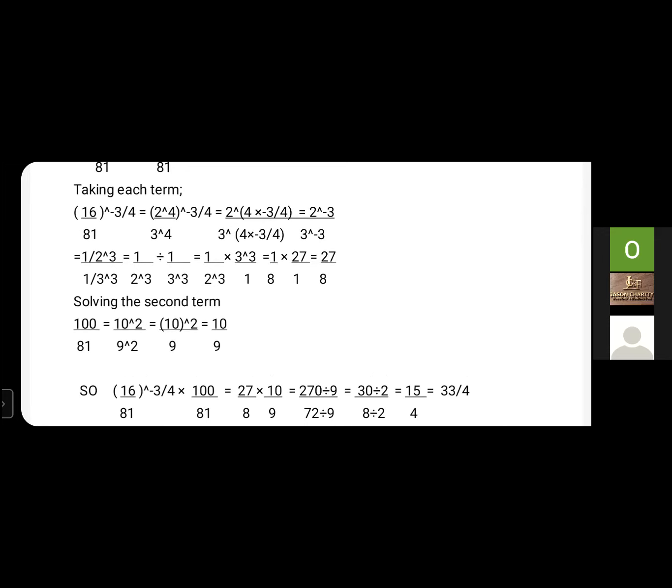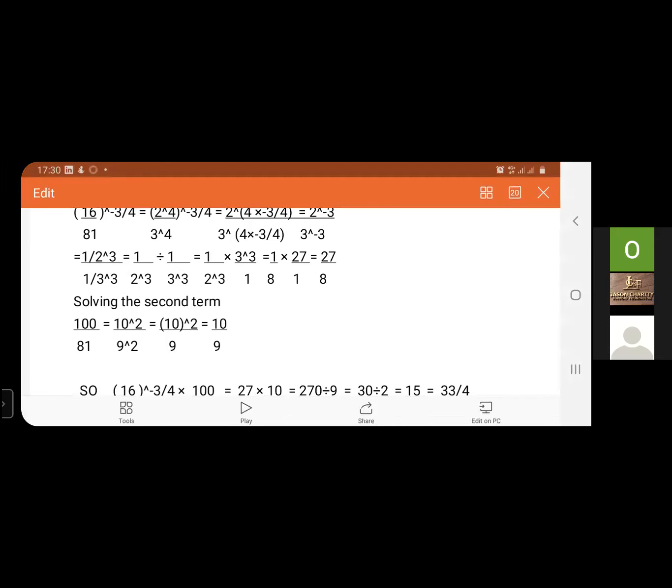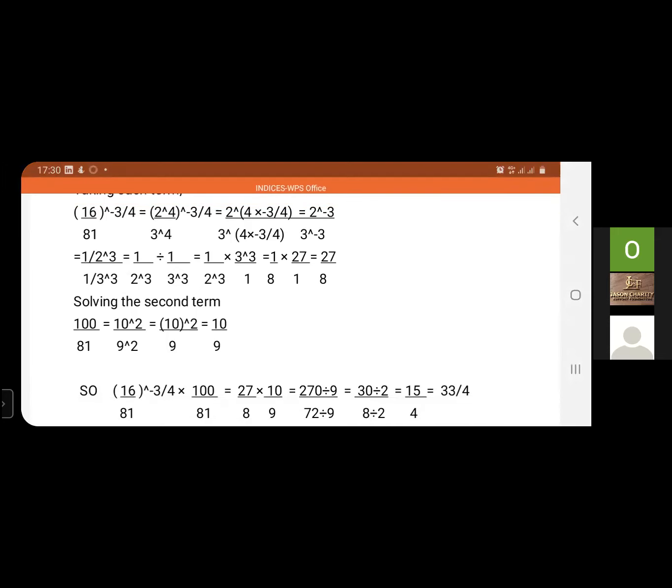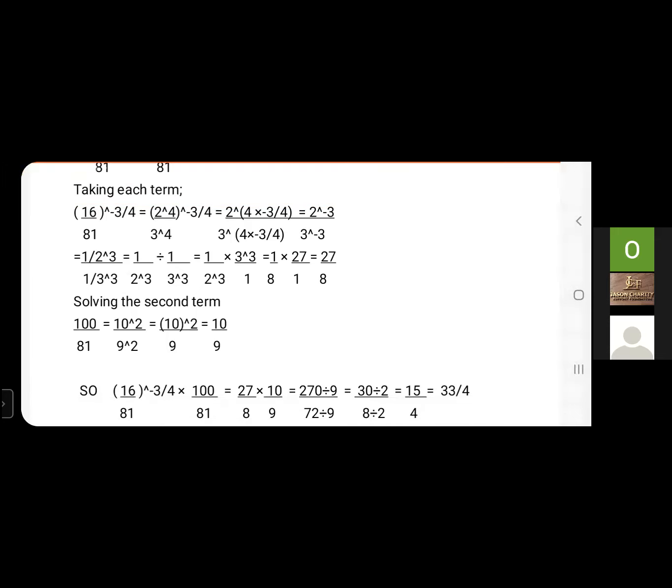Now, having 2 raised to the power of 4 in place of 16 and 3 raised to the power of 4 in place of 81, this power of 4 has a relation to the denominator of our power, which is minus 3 over 4.